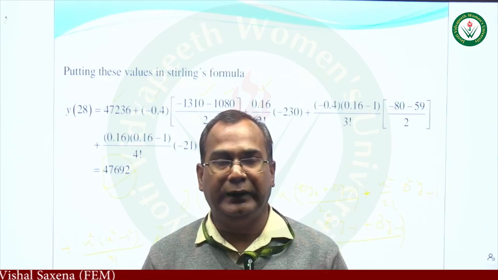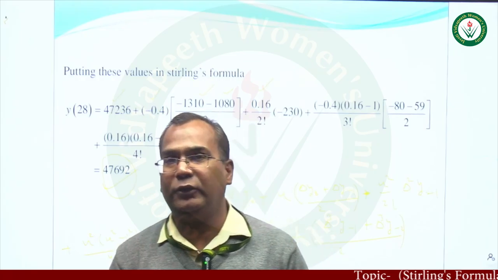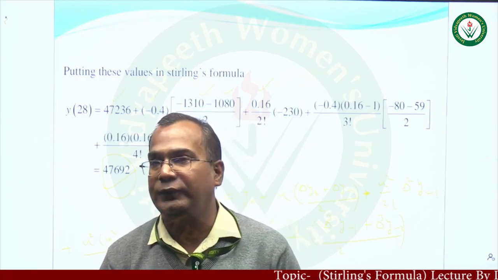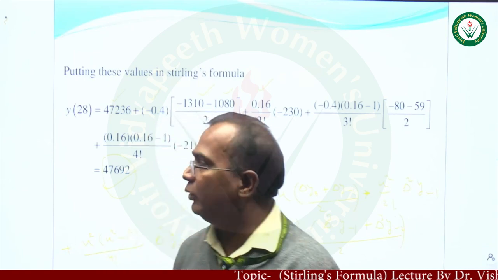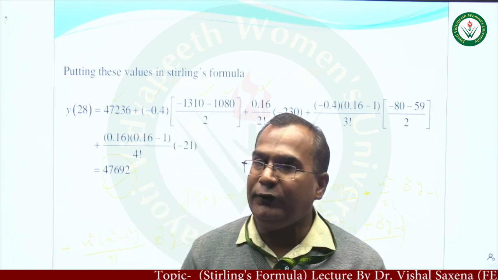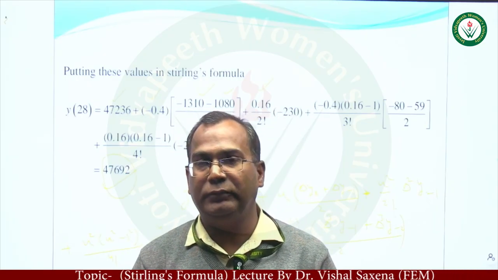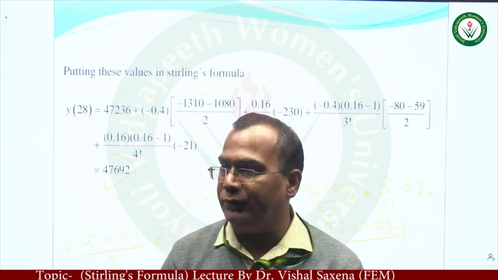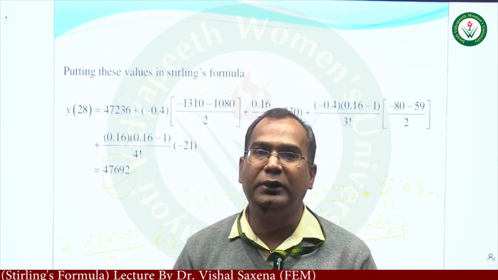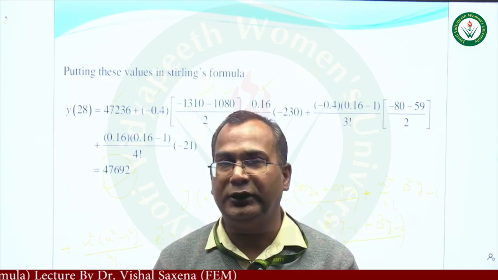When the values of x are not equally spaced, then this formula is not applicable, because the term h is there. In the case of unequally spaced intervals, Lagrange's formula can be applied. So this is Stirling's interpolation formula, and with this I conclude my today's lecture. Thank you.